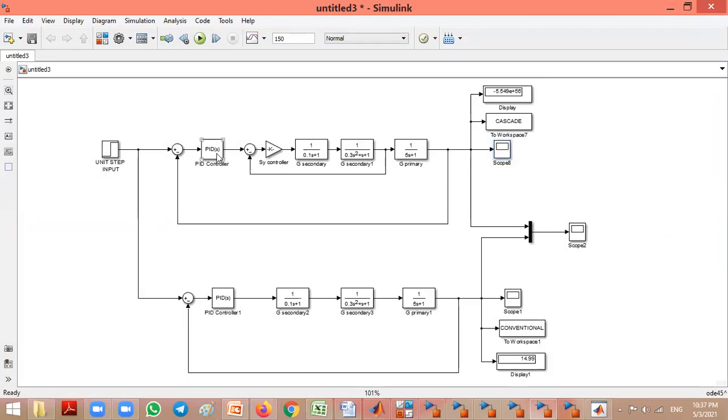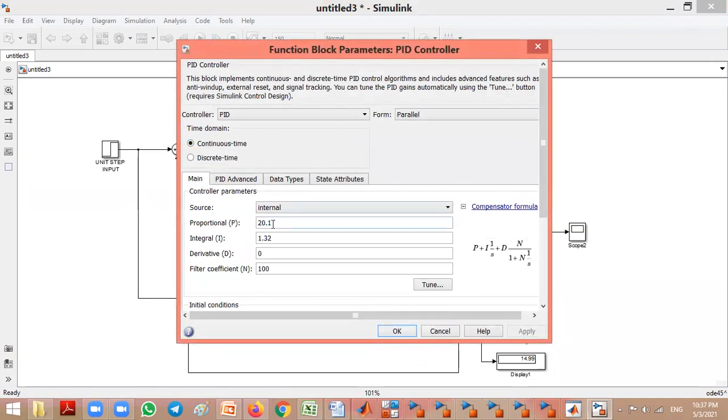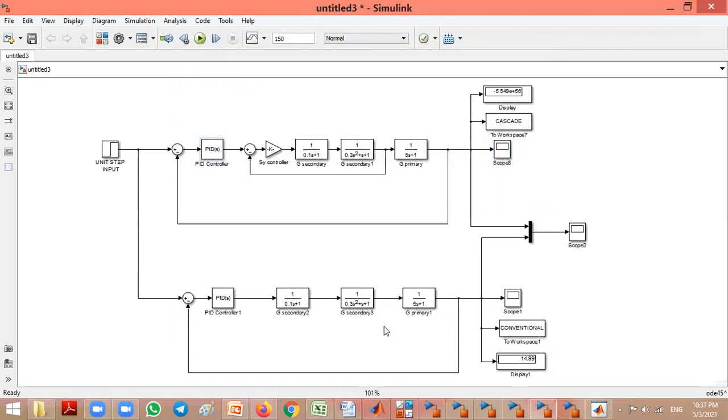There's something wrong. So we'll try with some lower gains. Okay, so for 150 it is not settling, so 200 we put. Okay, so with 200 both are settling at the same point.